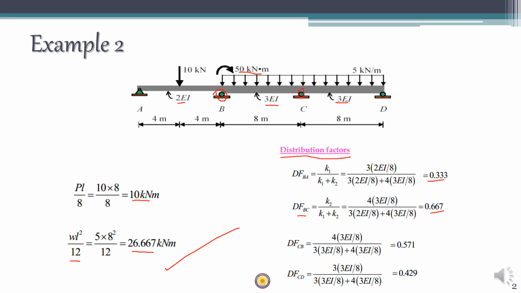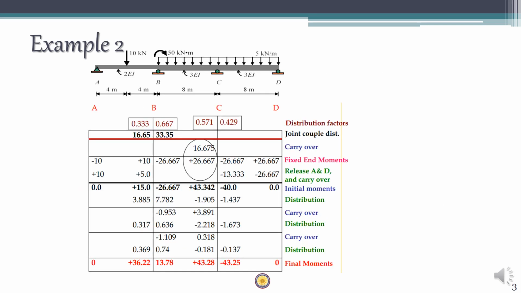So for this span CB, the stiffness is 4EI by L, so 4 into 3EI divided by 8, all divided by the same thing, plus for the second span CD, the stiffness is 3 times 3EI by L. So DFCB is equal to 0.571, which means that DFCD is going to be 1 minus 0.571, which is 0.429. Okay. Now let's see.